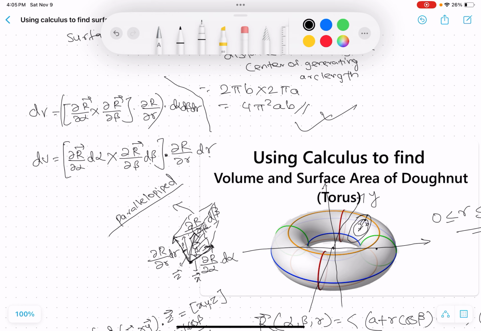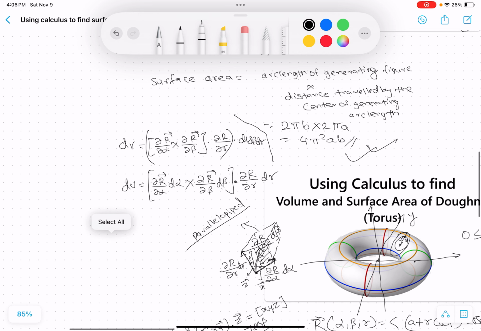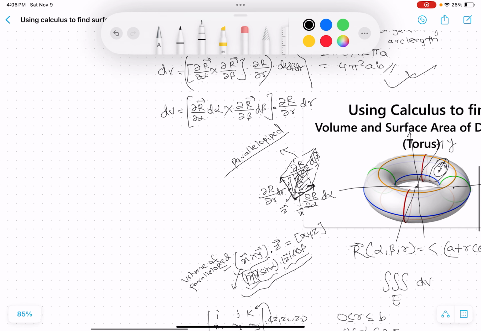Just as I have said over here. This vector will be in the second and third row, but that won't matter anyway. Okay, let me write it.